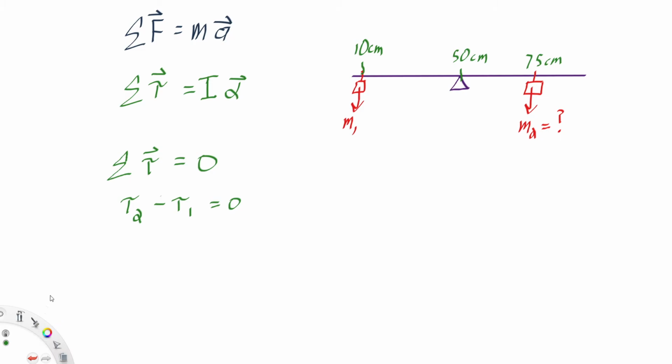So, a little bit of review from last week then, that the torque produced by a force is equal to the force cross the displacement from the axis of rotation.